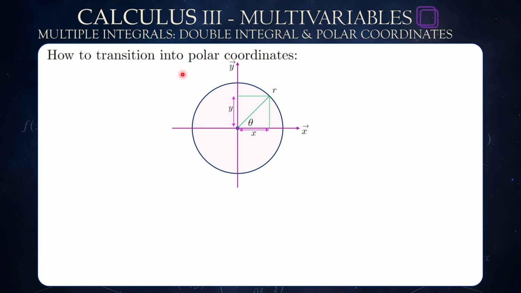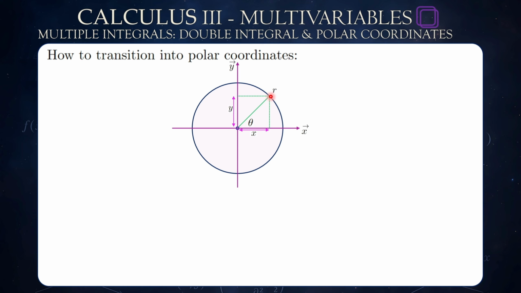How to transition into polar coordinates from a Cartesian xy system? At first, we need to establish the relationship between xy and r theta. If we look at this illustration here, we have a unit circle. So what is the relationship between r theta and x and y? For theta, cosine theta is equal to the adjacent side divided by the hypotenuse, which is r, which is equal to x over r.